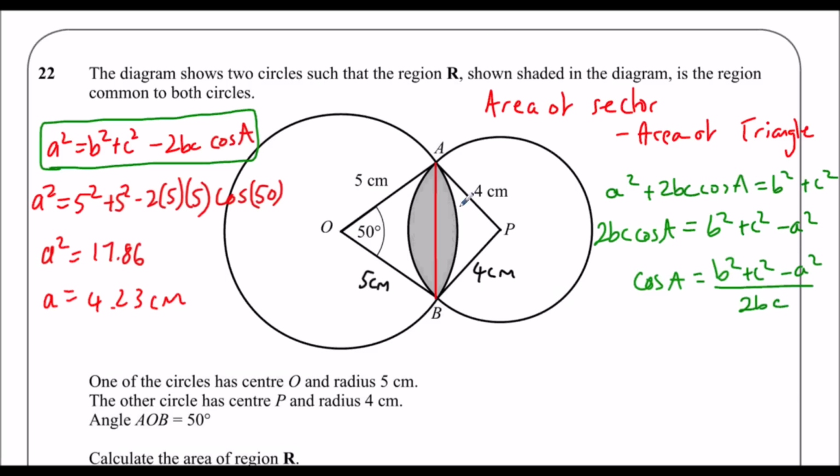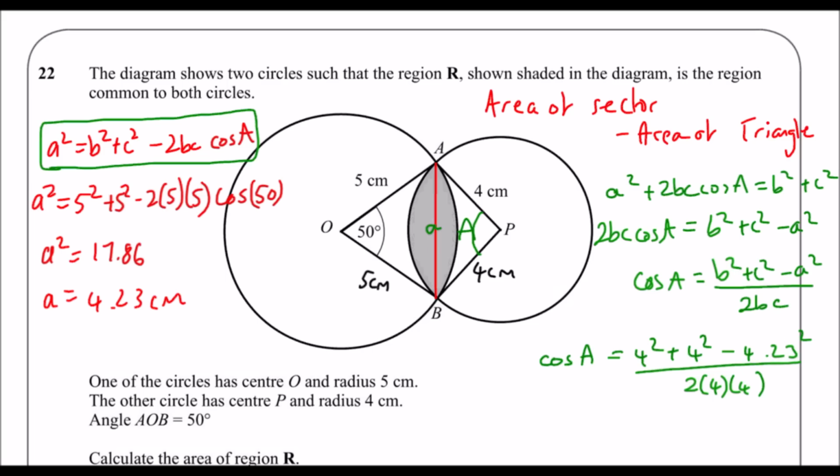So to find this angle, we are going to say that cos A is equal to 4 squared plus 4 squared, take away 4.23 squared, over 2 times 4 times 4, because this one is big A, the one opposite it is little a, and these two are b and c.